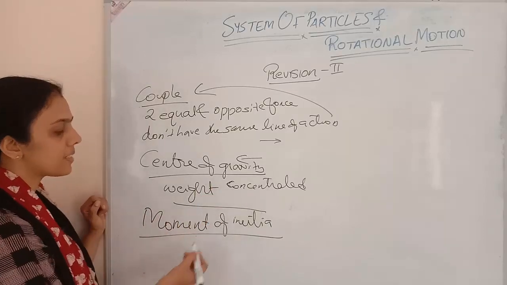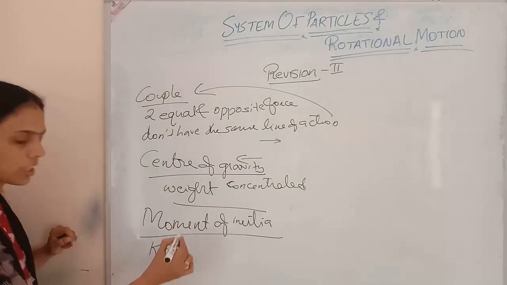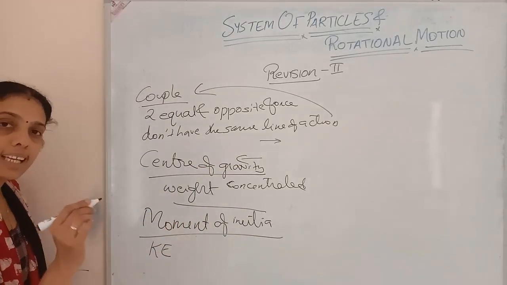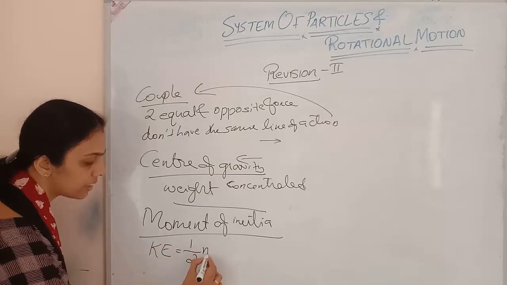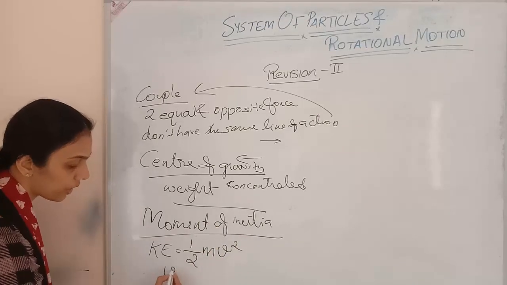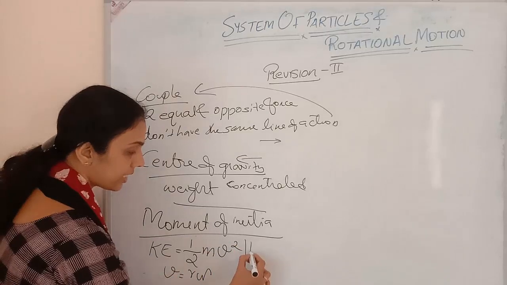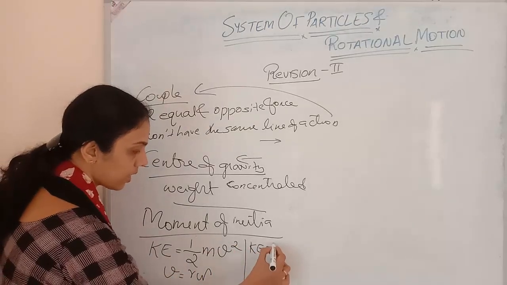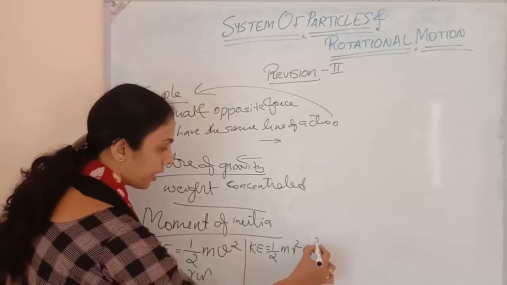If I consider the equation for kinetic energy, in translational motion kinetic energy is given as half m v squared. What is v in rotational motion? v equals r omega. Therefore we can write kinetic energy equals half m r squared omega squared.